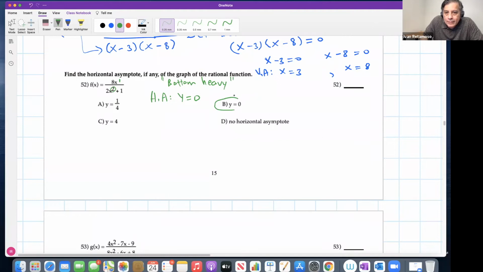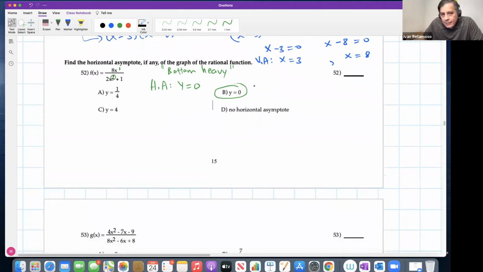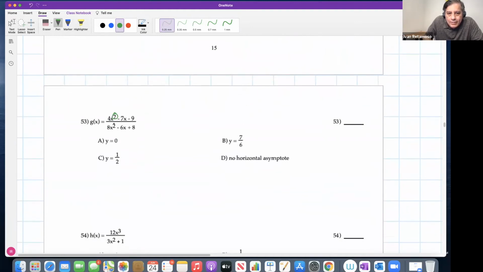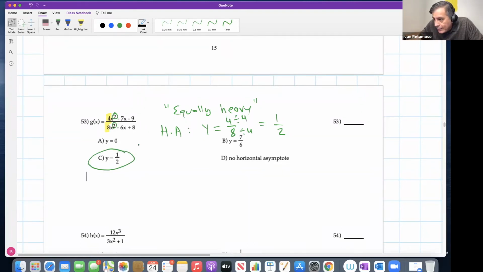Then we talk about these functions called equally heavy, because look at the degree, 2, 2. For these equally heavy rational functions, the horizontal asymptote is determined by the quotient of these two leading coefficients. So it will be y equal 4/8, but 4/8 simplified is just 1/2. So y equal 1/2 should be our answer there.